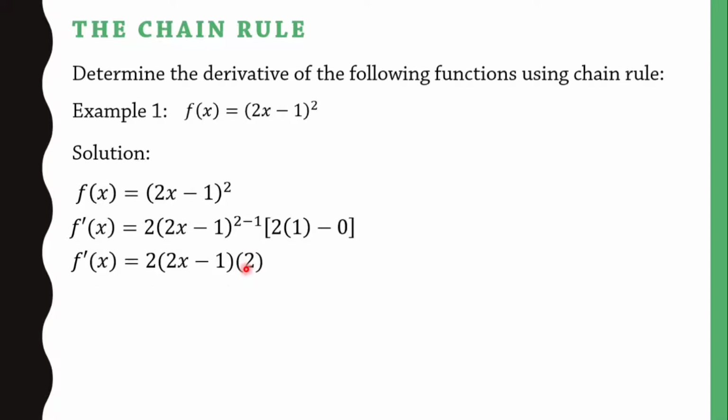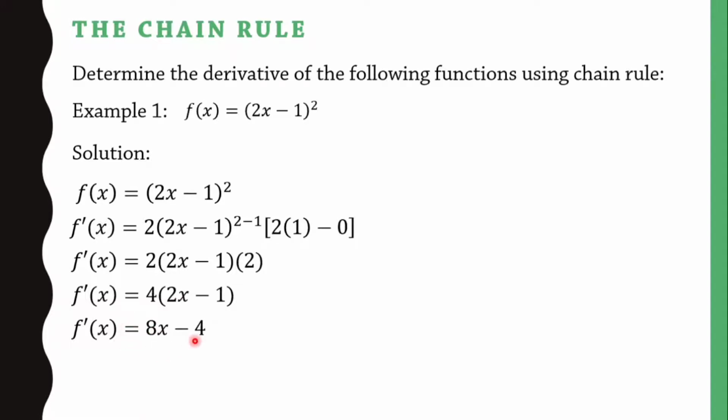We can multiply the constants 2 and 2, that will give us 4, times 2x minus 1, or we could simplify this by distributing 4 to 2x and 1. So that's 4 times 2x, that will give you 8x. 4 times 1, that will give you minus 4. So our final answer is 8x minus 4.